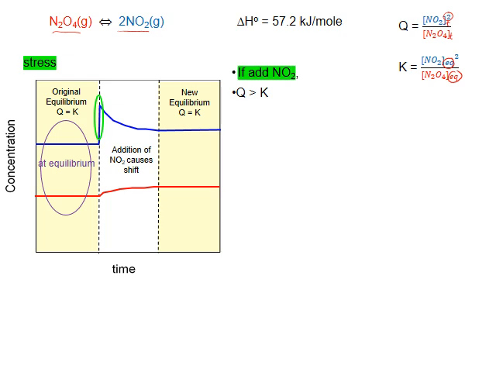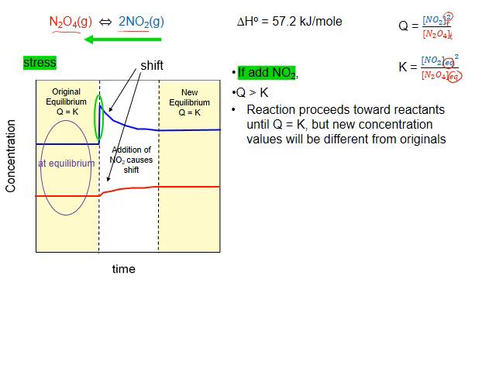Since Q is greater than K, we need the reaction to shift in the reverse direction to use up some of the product that we've added and generate more of the reactant. The reaction will proceed towards the reactants until Q is equal to K.